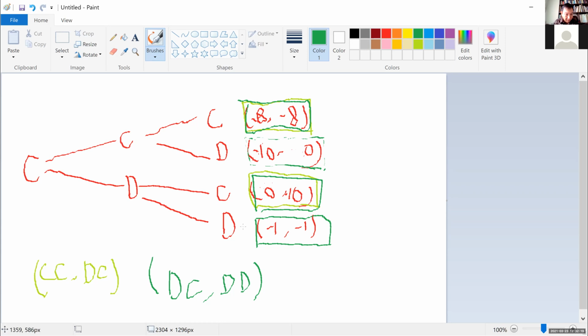So the list now becomes CC and CD, right? CC and CD. And the intersection will be CC. CC is minus 8, minus 8. Correct. That is betray. So the Nash equilibrium will be exactly the same as iterative domination reduction.